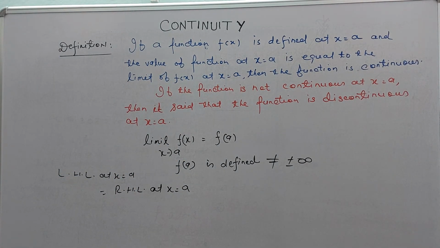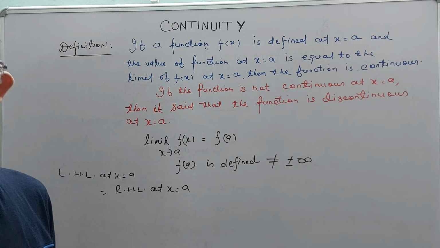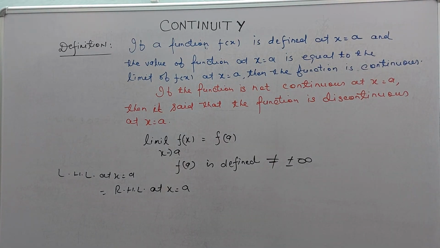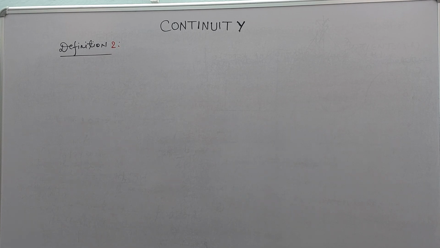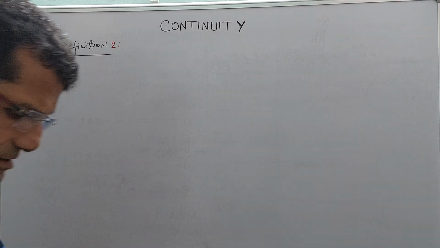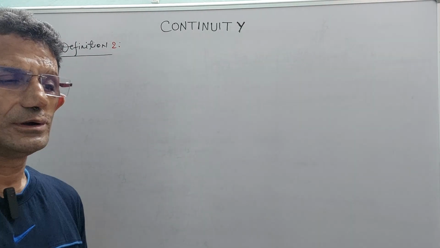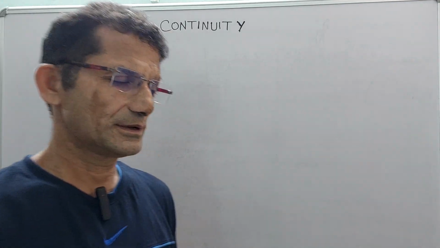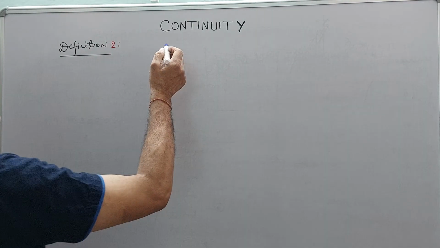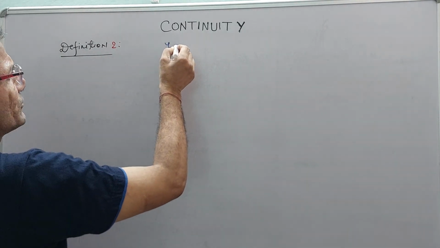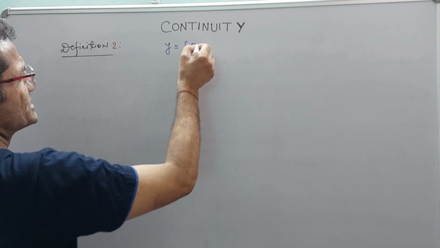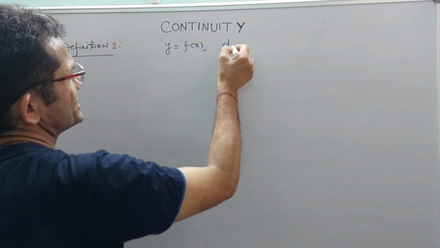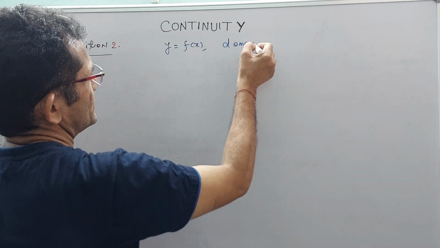Now the second definition. In definition 2, we define a function in its domain. Let us suppose y is equal to f(x). It is our function and its domain is a closed interval.